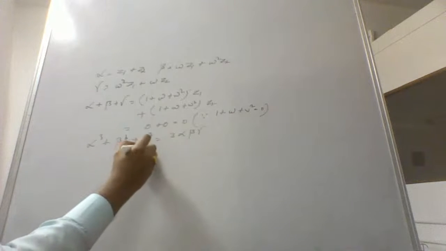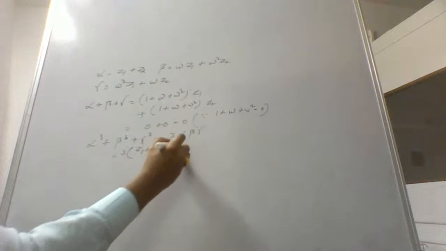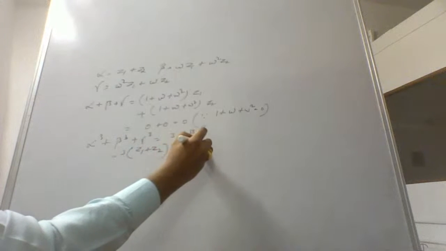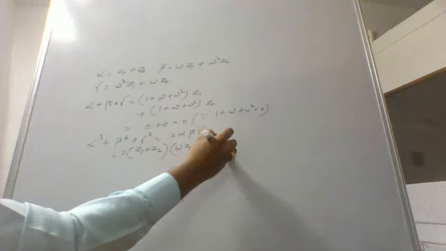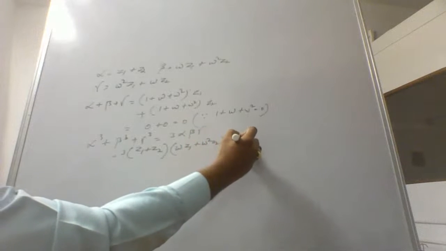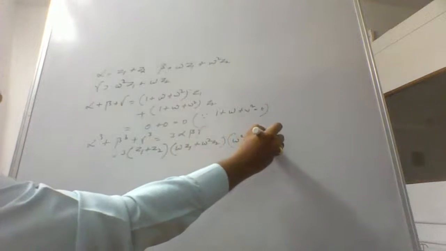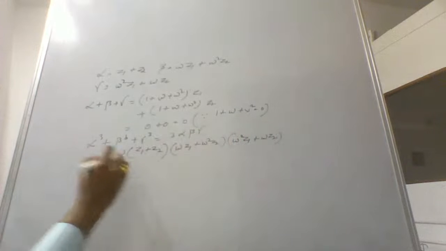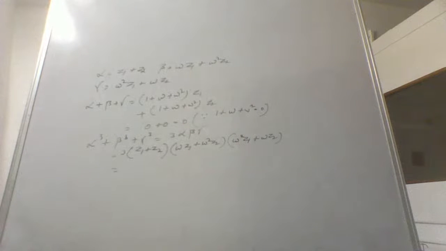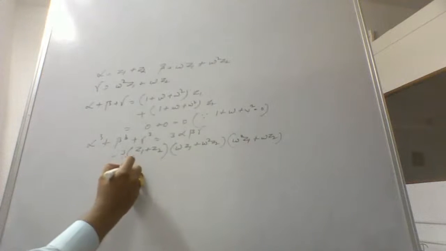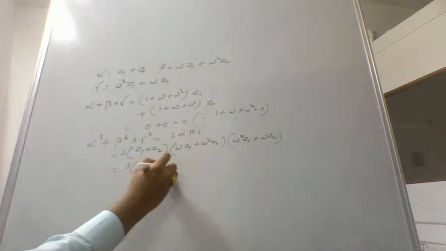When you substitute alpha, beta and gamma, I get z1 plus z2, omega z1 plus omega square z2, and omega square z1 plus omega z2. When I try to simplify this, I get 3 z1 z2.